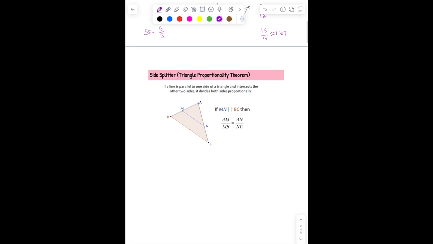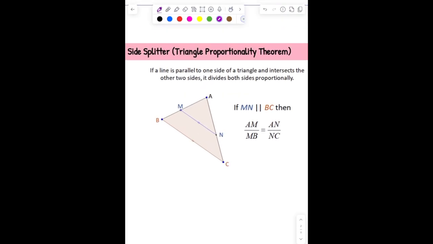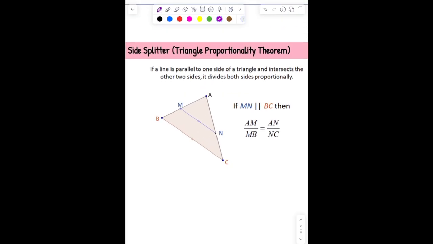We have one more way that shows that triangles are similar. It's called the side splitter theorem or the triangle proportionality theorem. And what that says is that if you have a line in your triangle that intersects the sides of the triangle and divides the sides proportionally, then you have similar triangles.